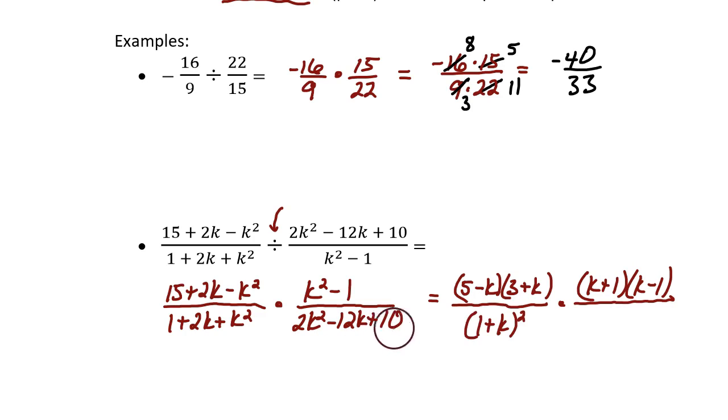This trinomial here has a GCF of 2, leaving k squared minus 6k plus 5. The k squared minus 6k plus 5 is a factorable trinomial. I don't want to rewrite the entire problem, so right underneath that, let's just replace it with its factored form. 2 times k minus 5 times k minus 1.